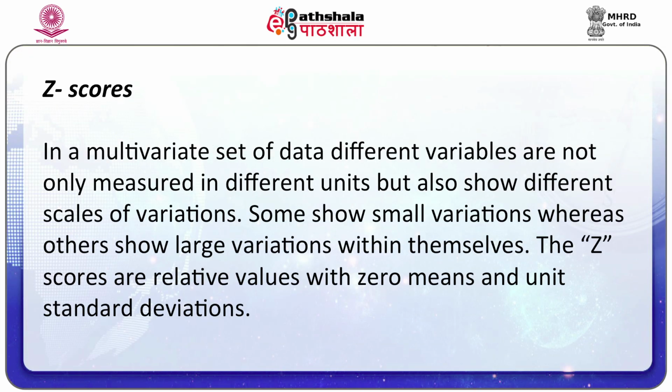Now, what are z-scores? In a multivariate set of data, different variables are not only measured in different units but also show different scales of variations. Some show small variations, whereas others show large variations within themselves. The z-scores are relative values with zero means and unit standard deviations.